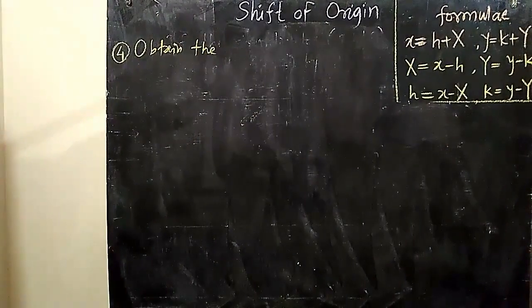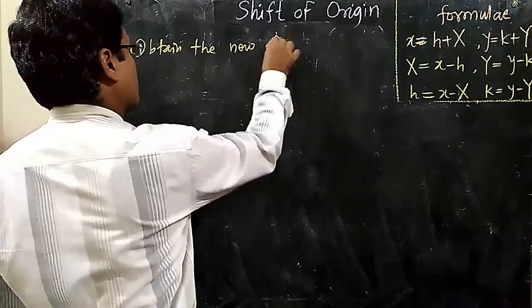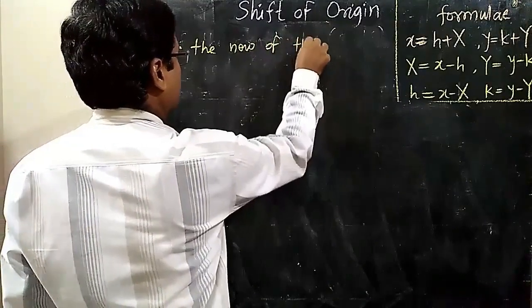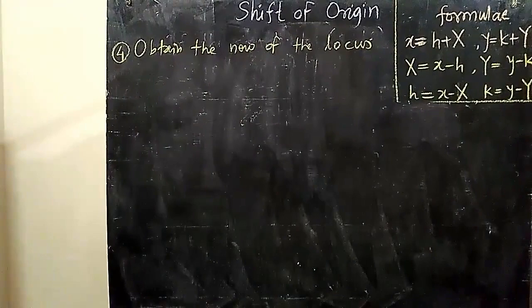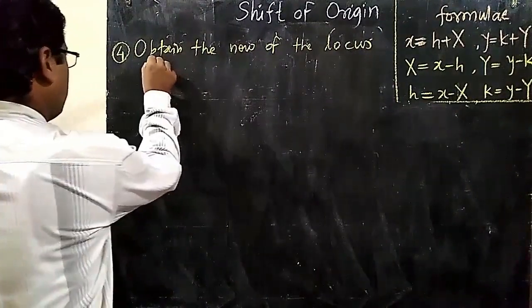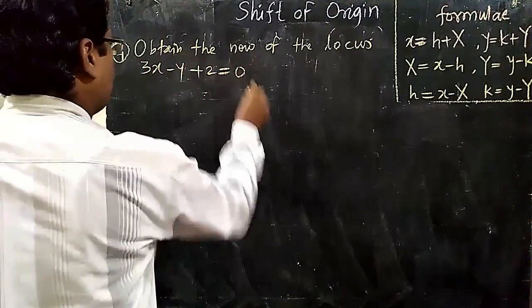Obtain the new equation of the locus. Here the equation of locus will be given. For example, let us take one locus as 3x minus y plus 2 equal to 0.